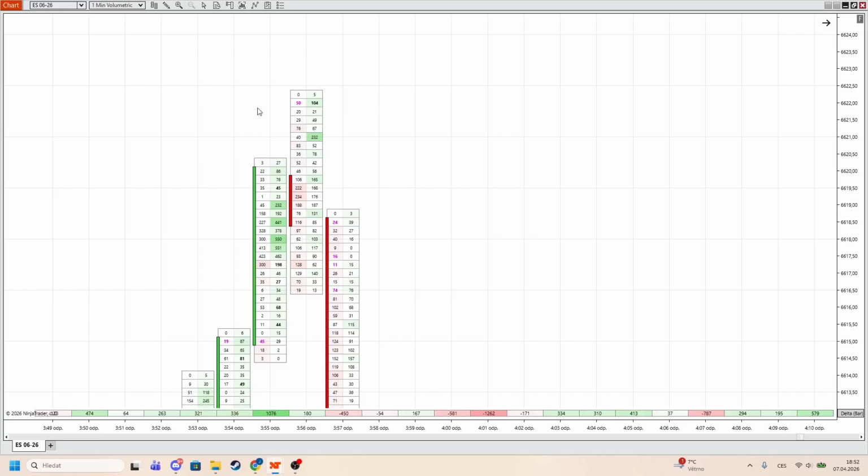There is no more buying over here. So this is called, I believe, a zero print, and it is a very good sign of reversal and of absorption. Right now, you see that there's a huge delta decrease. We put in a zero print, and even though there are more buyers than sellers, even here, the price stopped.